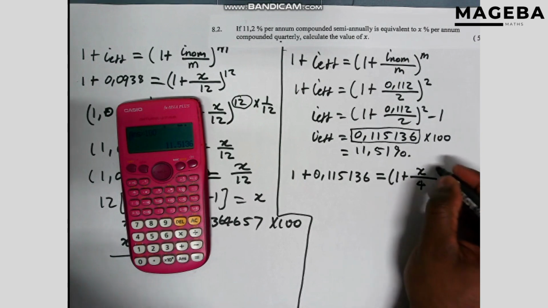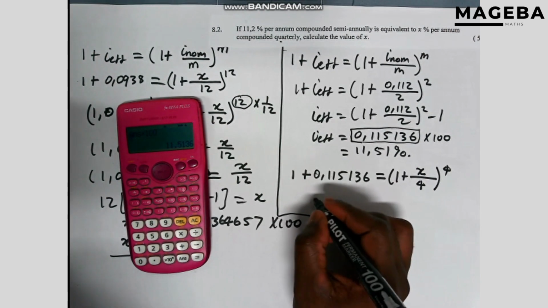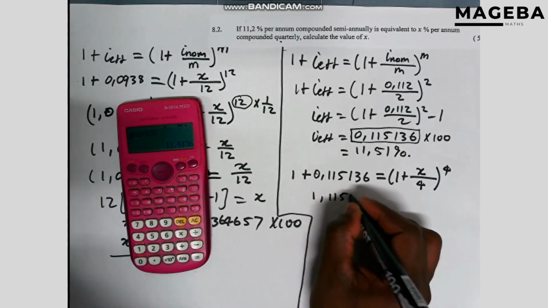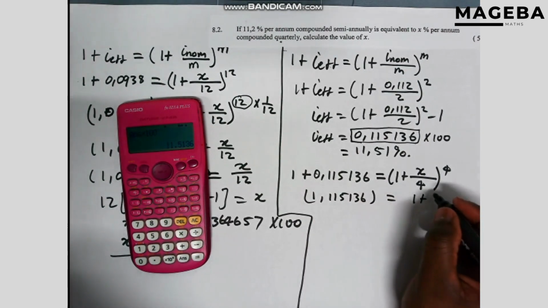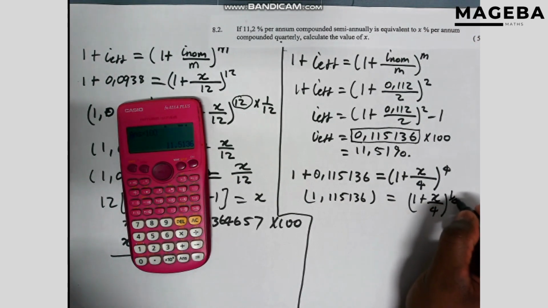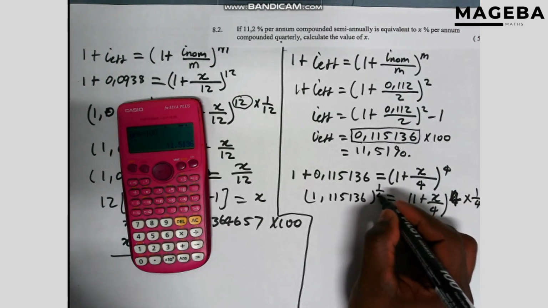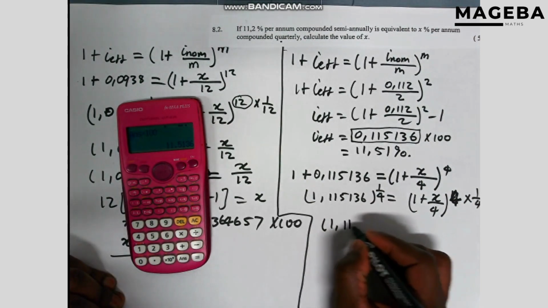And then from here we add this, which is going to give us 1.115136 to the power 1/4 equals 1 plus x over 4.